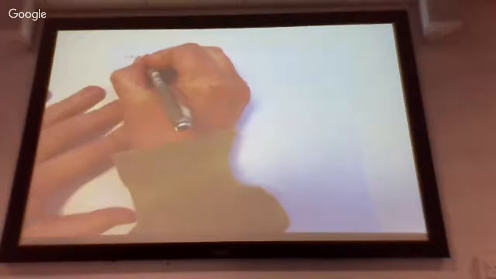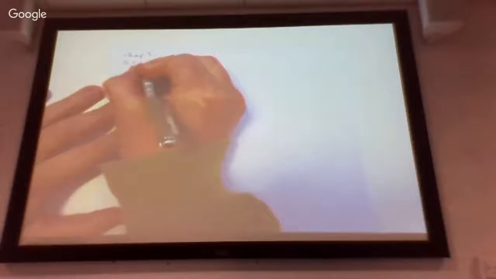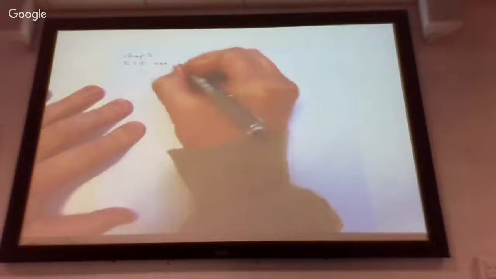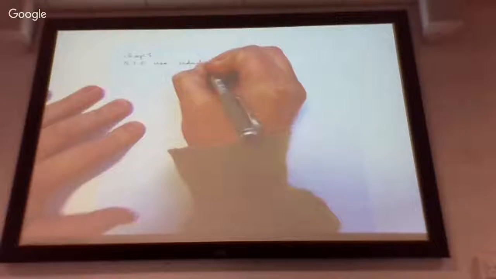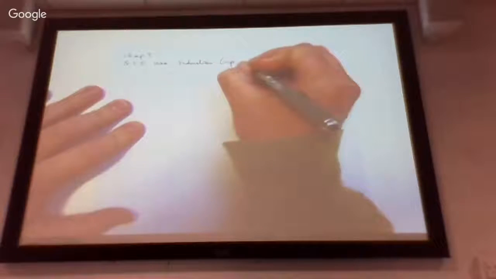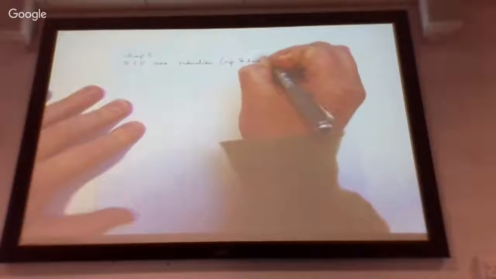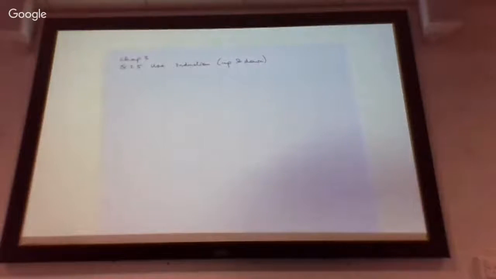So looking at chapter 3, question 25, we'll use induction up and down. Probably need two arguments, one to go up, one to go down.